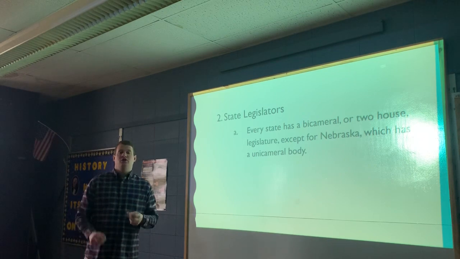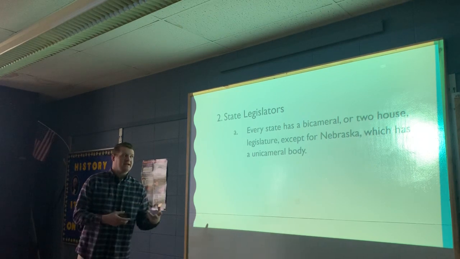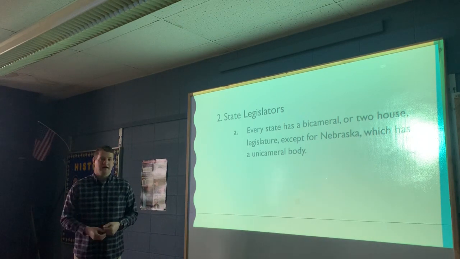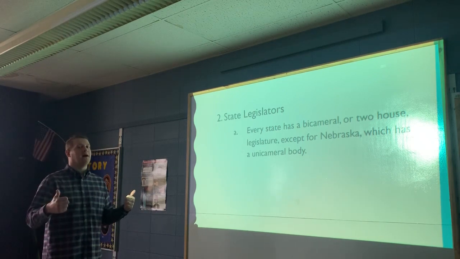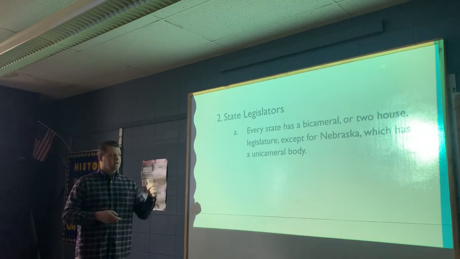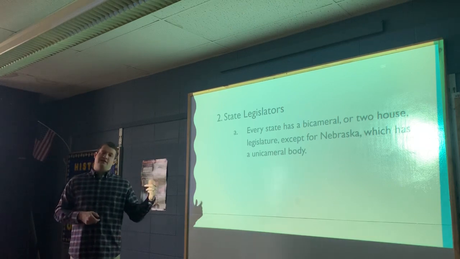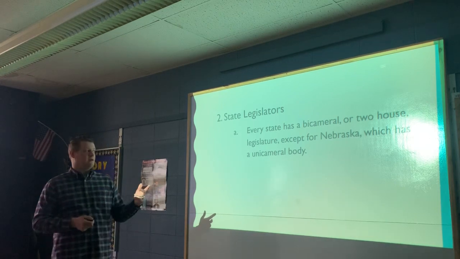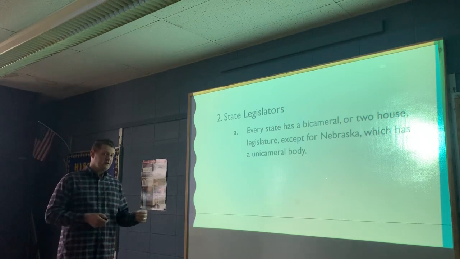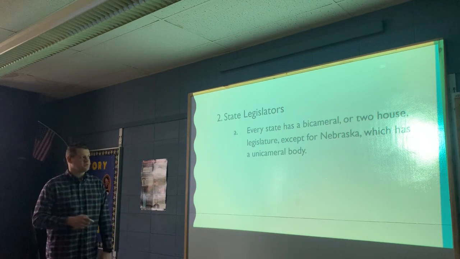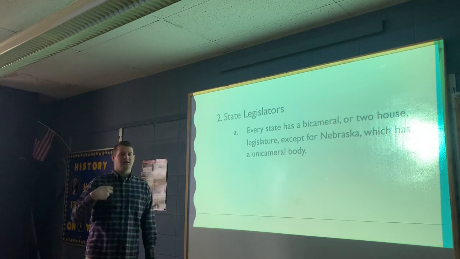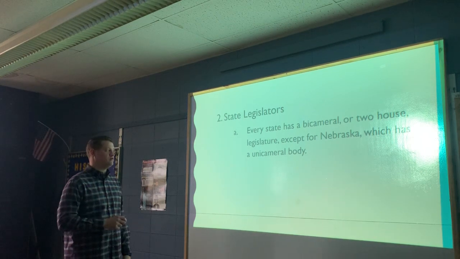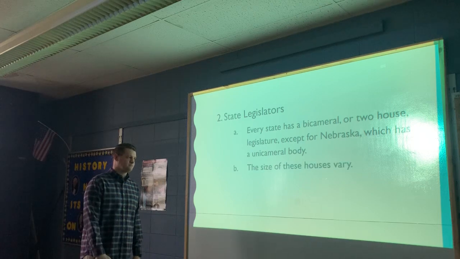So our national government, we have a bicameral, which means 2-house Congress. So we have the Senate, and we have the House of Representatives. There's 2 bodies that make up Congress. 49 of the states are set up the same way, except for Nebraska, which has only 1 legislative body. So every state has a bicameral, 2-house legislator, except for Nebraska, which has a unicameral body.